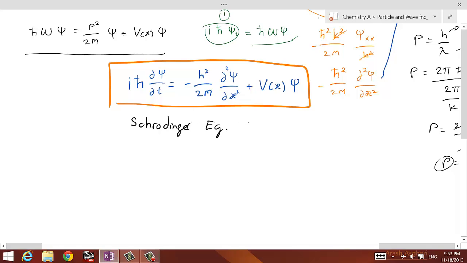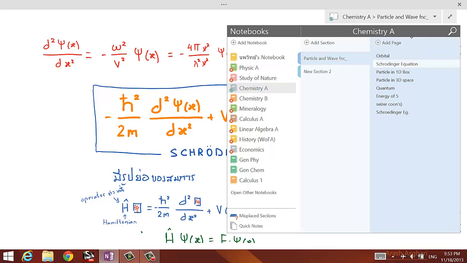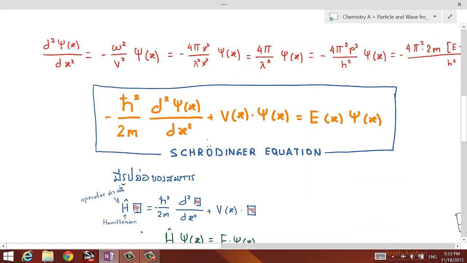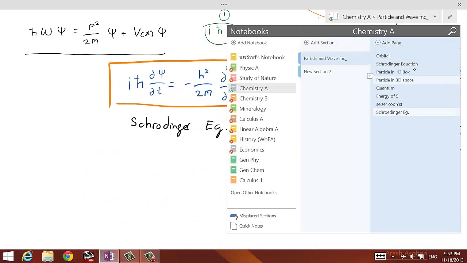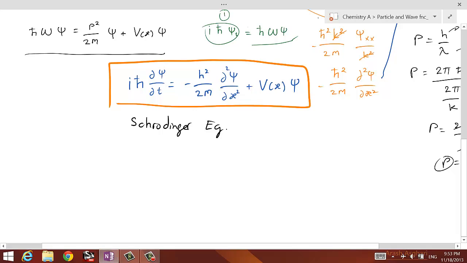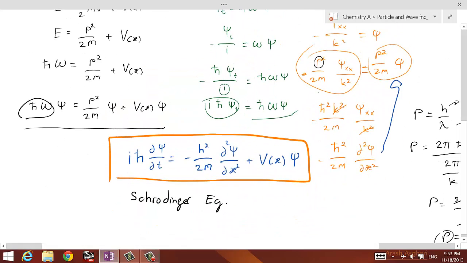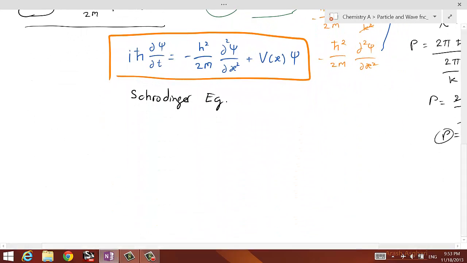But wait, isn't the Schrodinger equation E on this side, so E equal to that? Why did I say E equal to this at first? Well, this is the time dependent Schrodinger equation.